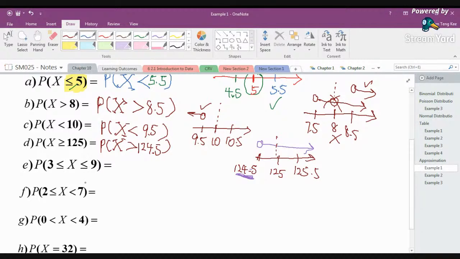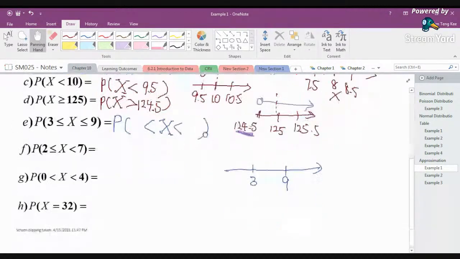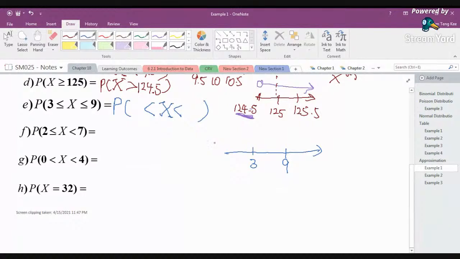So next one. When I want to consider from 3 to 9, again, first your framework will be inequality, in the same direction, but without equal sign. And what value should we have here? Again, as a beginner, let us think in this way. I have a borderline of 3 and 9. I want to include 3. I want to include 9.